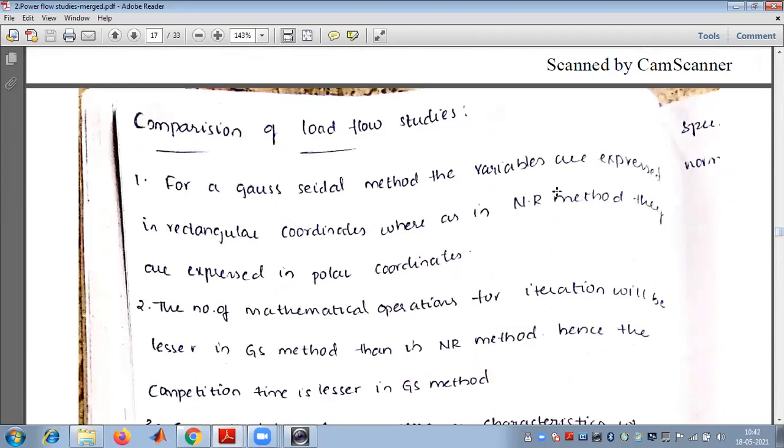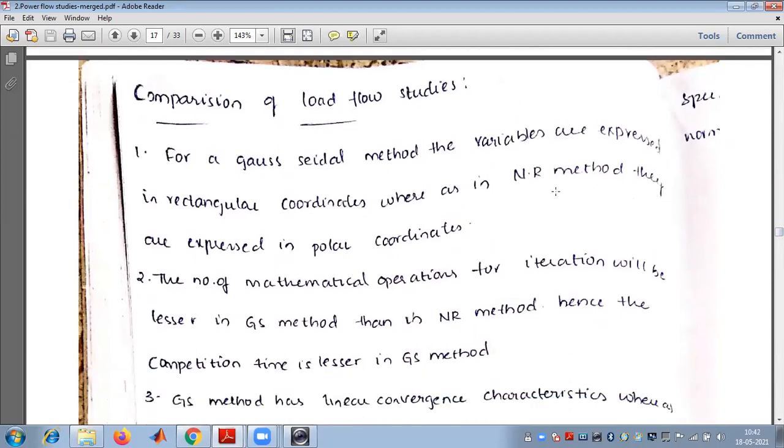Right. Now, comparison of load flow studies. See, each and every point is clearly mentioned in this. So for the Gauss-Seidel method, first of all, it is very important to identify the differences between the Gauss-Seidel method and the Newton-Raphson method. Okay, in the Gauss-Seidel method the variables are expressed in terms of rectangular coordinates, whereas in the Newton-Raphson method the variables are expressed in terms of polar coordinates.